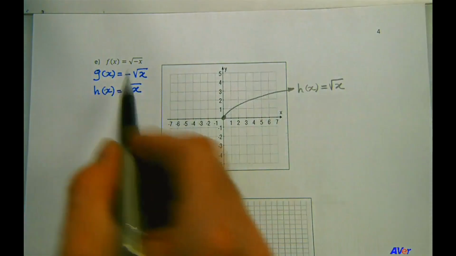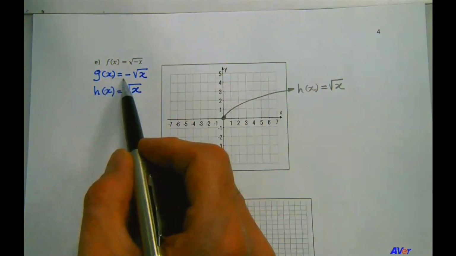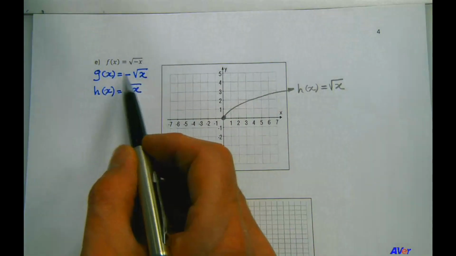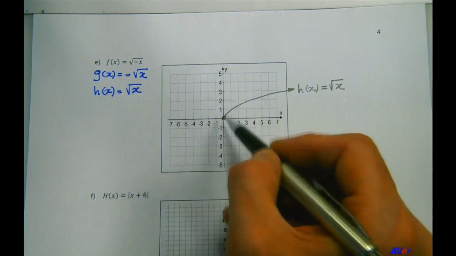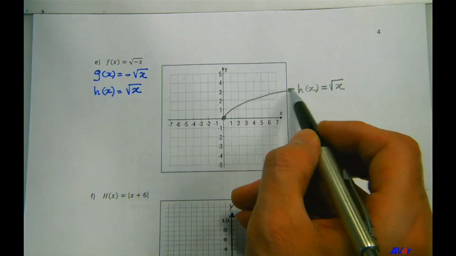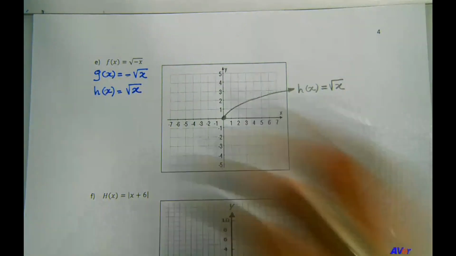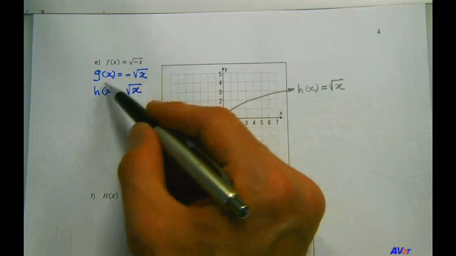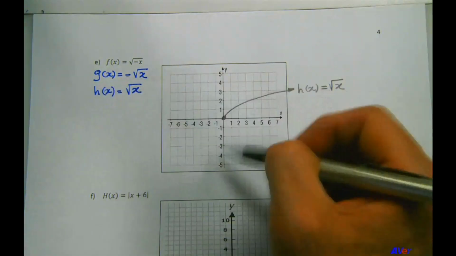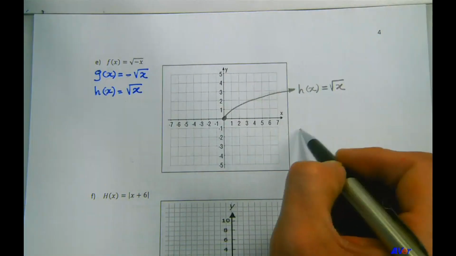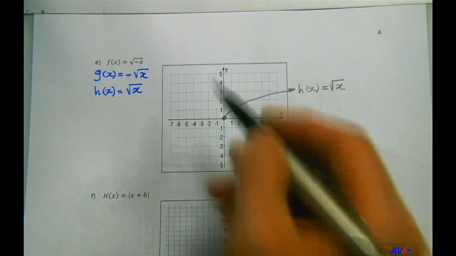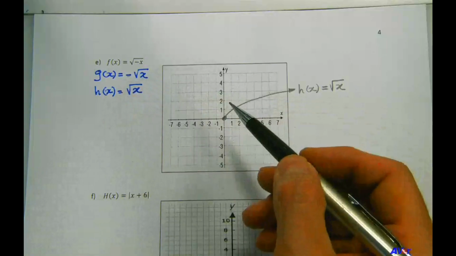So g of x, minus square root of x, this minus in front, do you know what that does? It reflects this function or any function, even the quadratic function. If you have a minus in front of it, it will flip the function across the x-axis. Even an absolute value, it will do that to it. Okay?